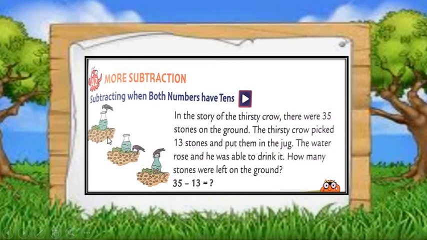In the first image you can see that the crow is sitting on a jug. The water level is down. In the second image you can see that the crow is picking up the stones. So he picked up 13 stones and put them in the jug.